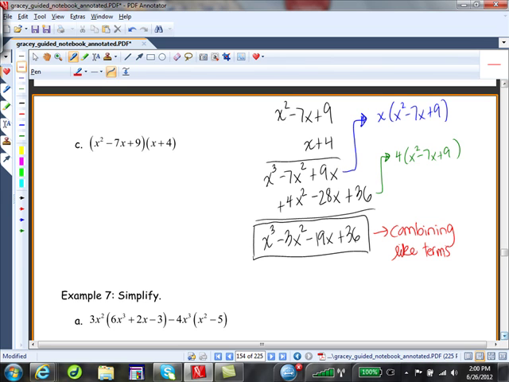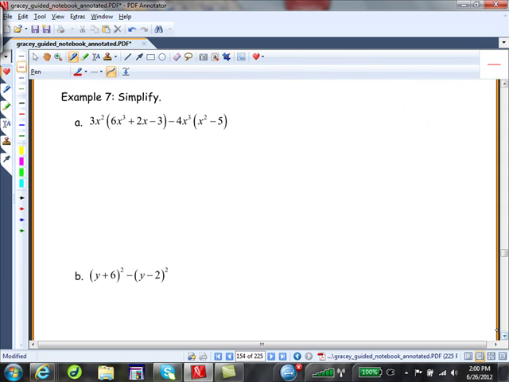All right. So now we get into some of the more fun, challenging problems, okay? So these are sort of multiplying polynomials on steroids. So here we go. We'll just work through them together. So starting off, we need to distribute the 3x squared, because remember, multiplication comes before subtraction.